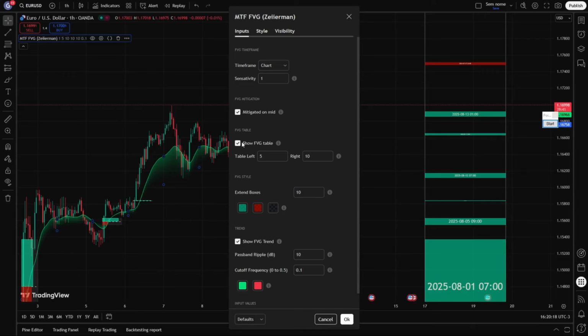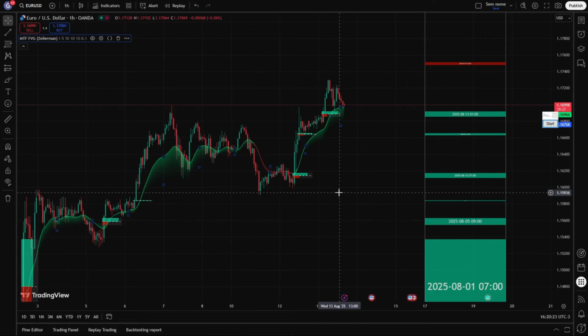In addition, there's a trend filter that smooths out fluctuations and shows the market's prevailing direction. That way, you can give more weight to the gaps that are aligned with the trend. But now, you're probably asking yourself, how do I actually use this indicator in practice?